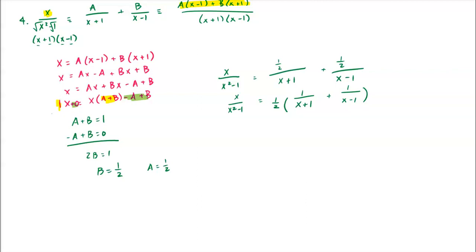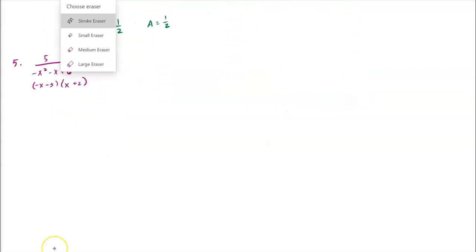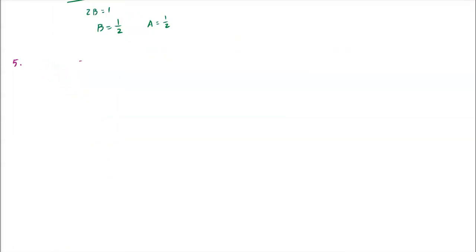Good job. Number 5. I'm redoing this. So number 5 says 5 over negative x squared minus x plus 6. Let's go ahead and factor this.